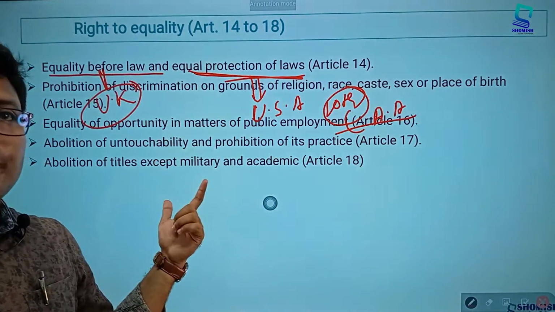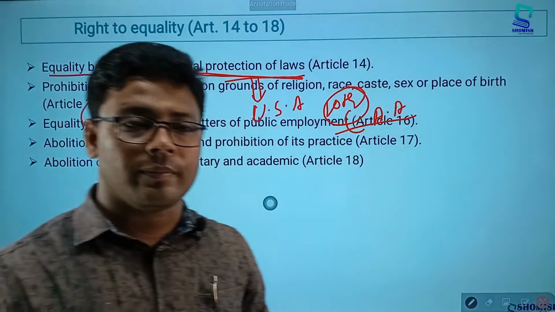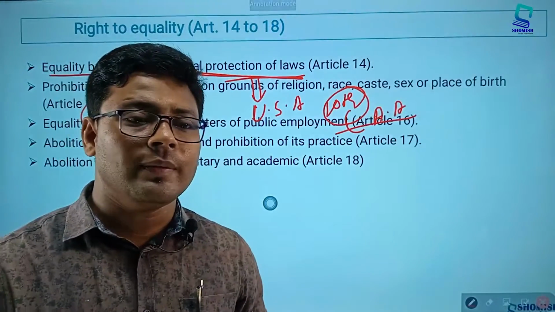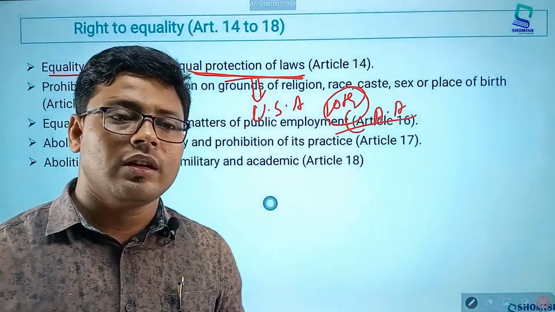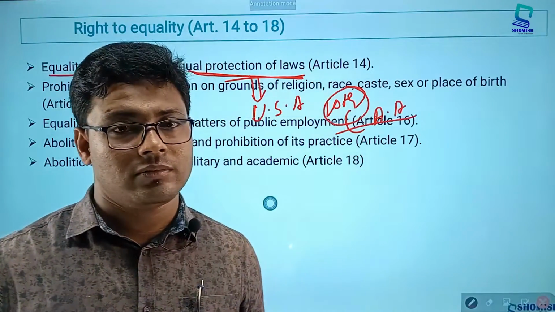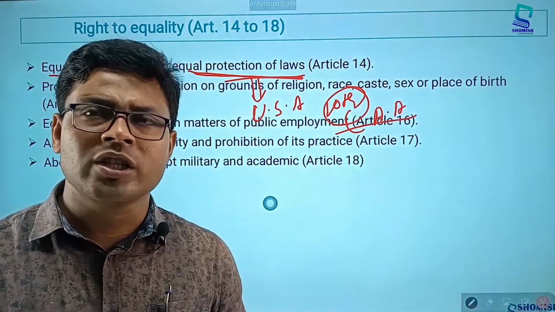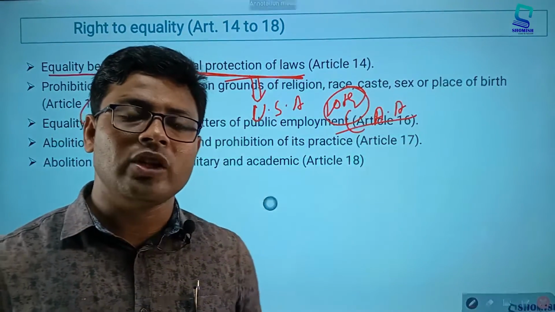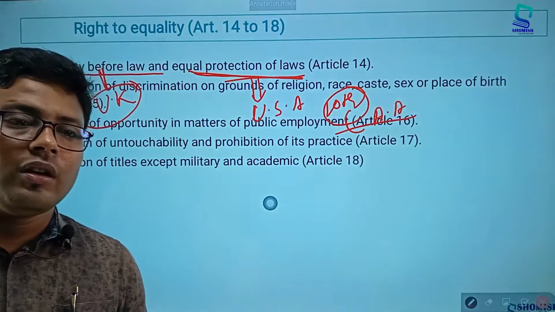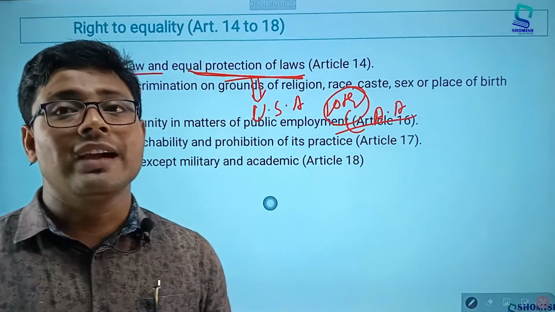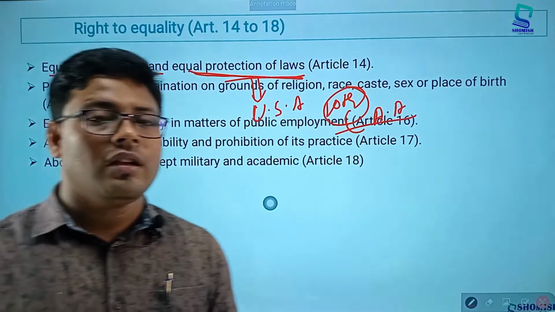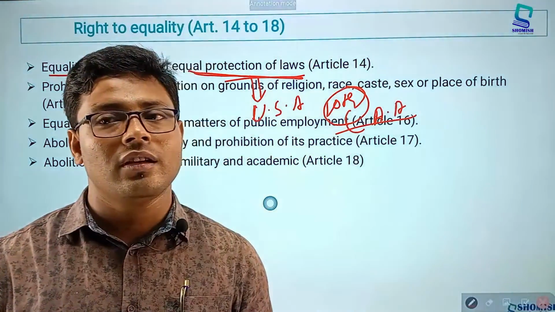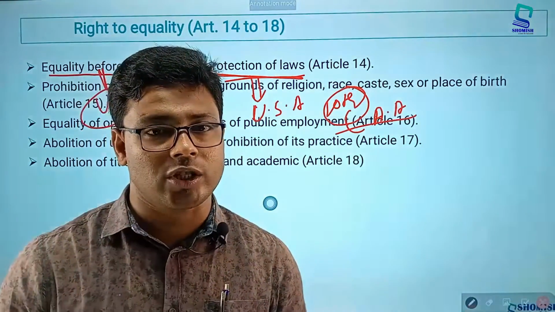Suppose, say, the President of India. If the President of India commits any guilt, is he punishable? No. He gets immunity due to his designation.